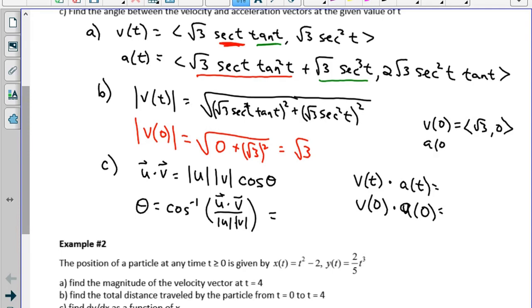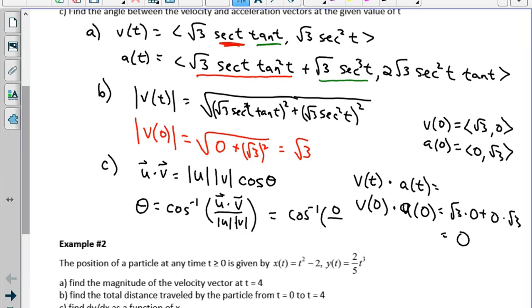And if we have a of 0, that's 0, root 3. So if we dot those, we have root 3 times 0 plus 0 times root 3. So that's 0. So we're having the cosine inverse of 0 over whatever the magnitude is. It doesn't really matter. But that means we have the cosine inverse of 0, so theta, in this case, is 90 degrees, or pi over 2 radians.